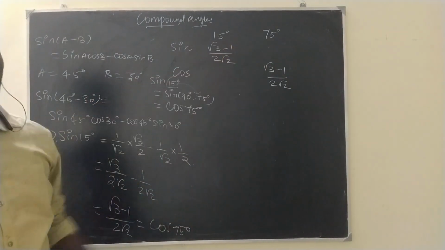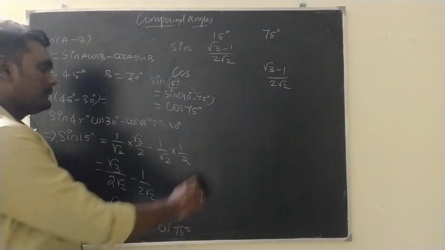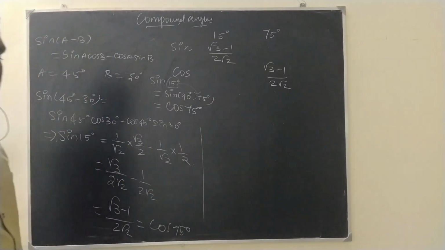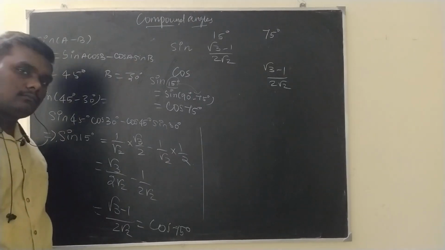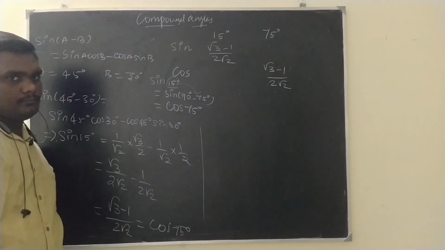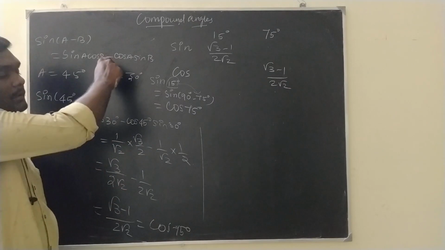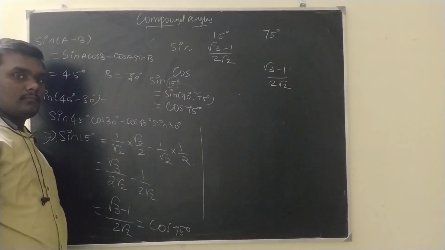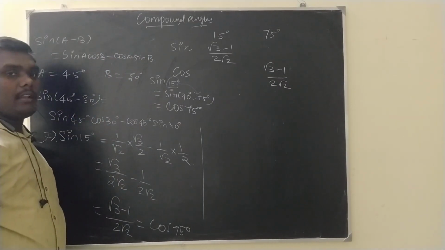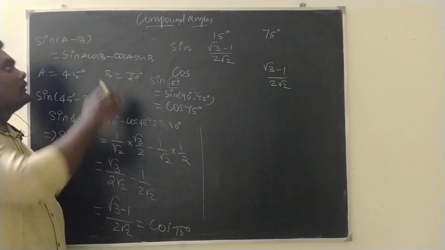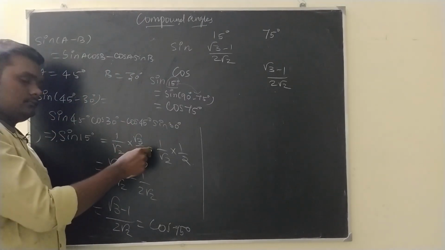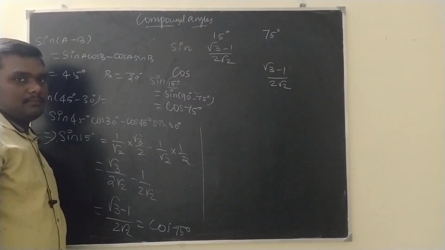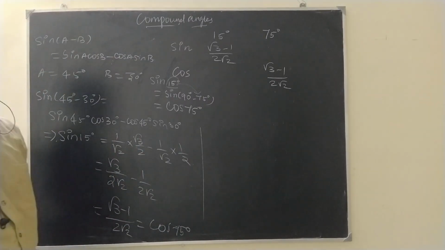Now sin 75, how can that be calculated? Using this, 45 plus 30. So instead of subtraction, everywhere addition will come.